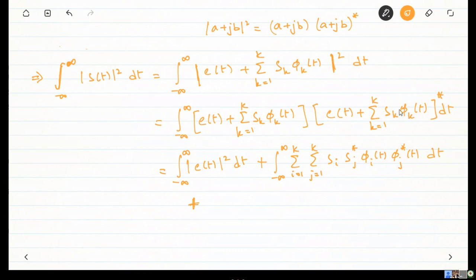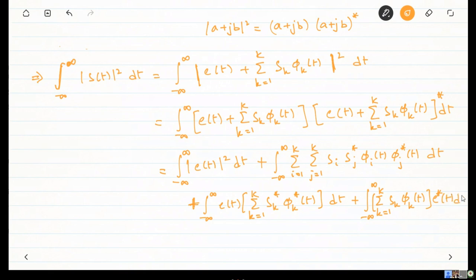This e of t multiplied by this, plus this conjugate multiplied by this: minus infinity to plus infinity e of t multiplied by summation k equal to 1 to capital K, sk conjugate phi k conjugate of t dt, plus again minus infinity to plus infinity summation k equal to 1 to capital K, sk phi k of t multiplied by e conjugate of t dt.